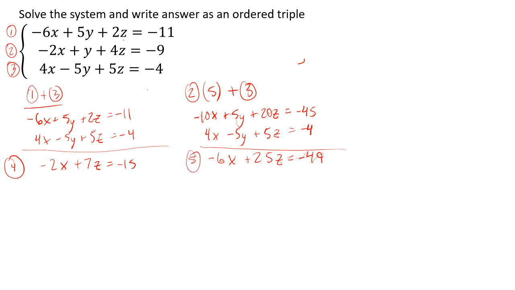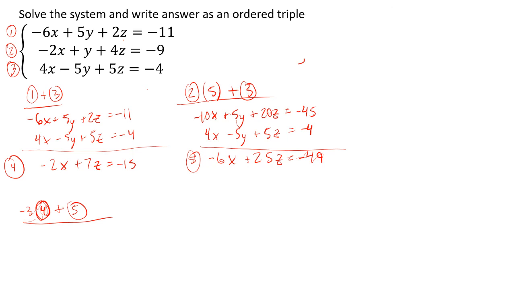And now I want to look at equations 4 and 5 and see how I can add those together to get rid of either variable. I'm looking at x to get rid of, ideally. So what I'm going to do is take negative 3 times equation 4, and add that to equation 5, and that's going to get rid of the x values.